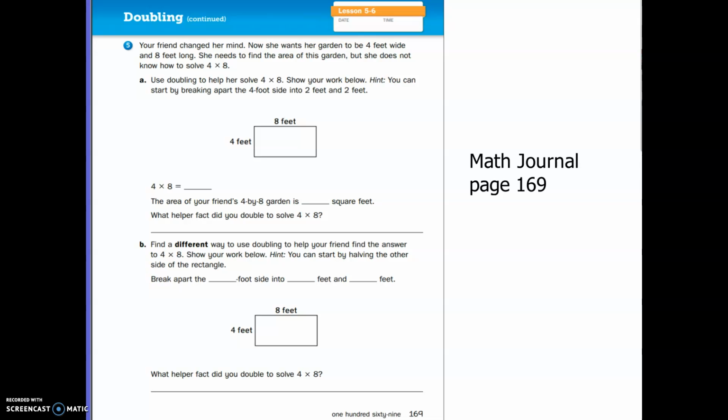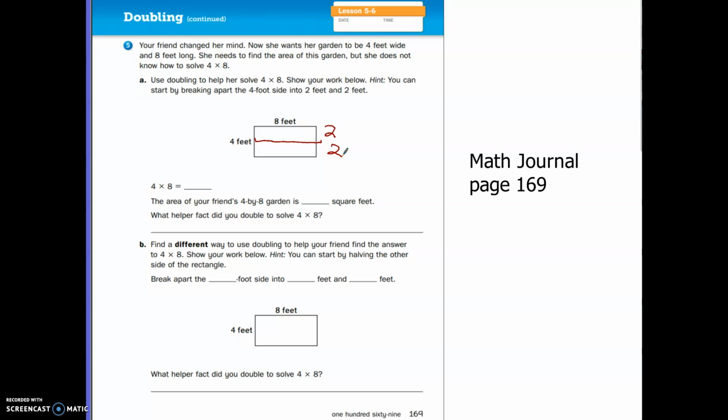Your friend changed her mind. Now she wants her garden to be 4 feet wide and 8 feet long. She needs to find the area of this garden, but she does not know how to solve 4 times 8. So we're going to use doubling to help her solve 4 times 8. Let's go ahead and take the side that's 4 feet and divide it in half. So we're going to label 2 and 2 because that's half of 4. Okay.